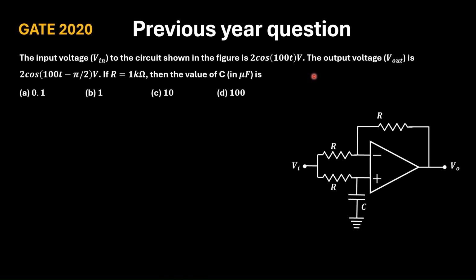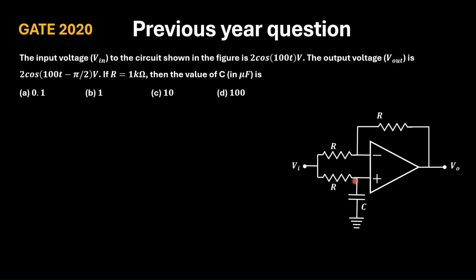Now, this question was asked in GATE 2020. If you see the network architecture, you have a V input applied to both the terminals. So, basically, this is a difference amplifier.